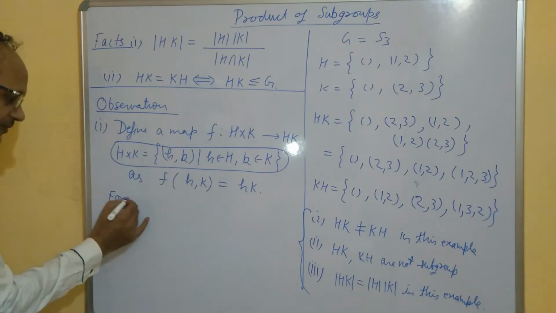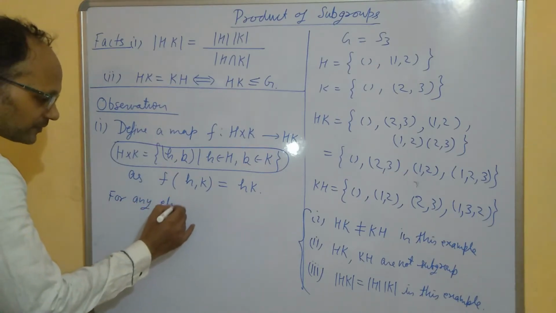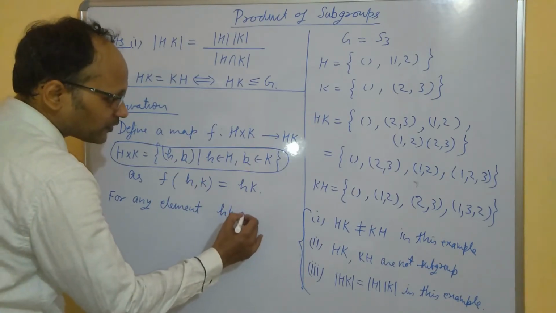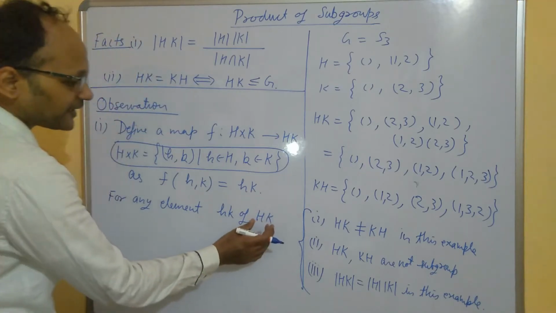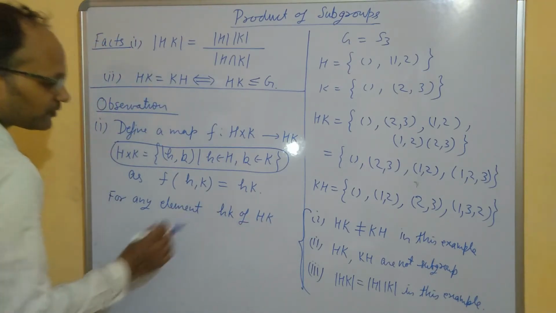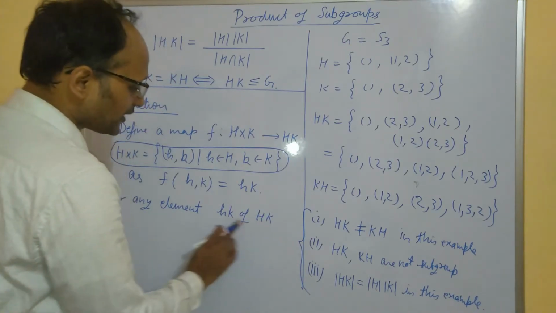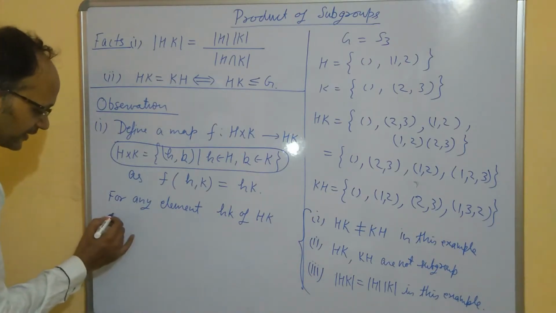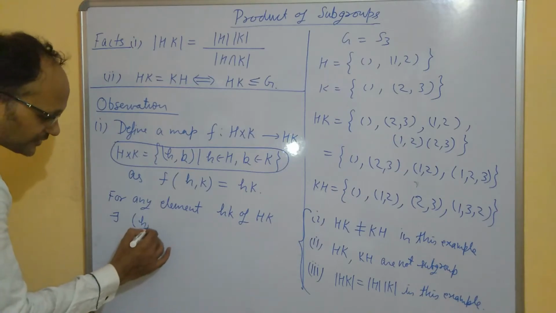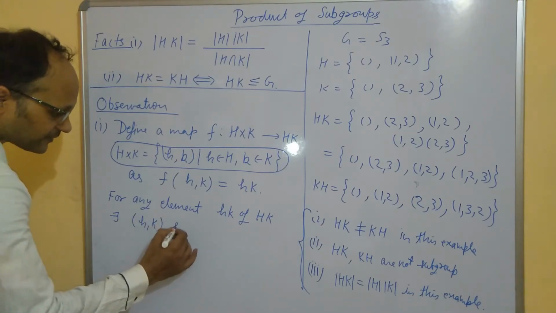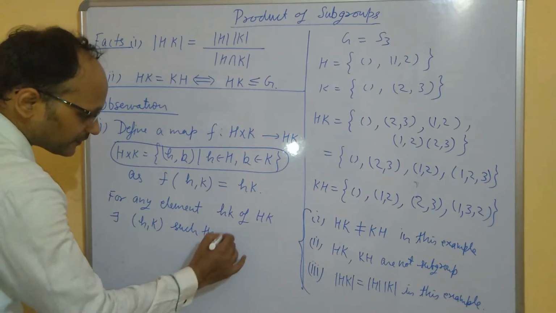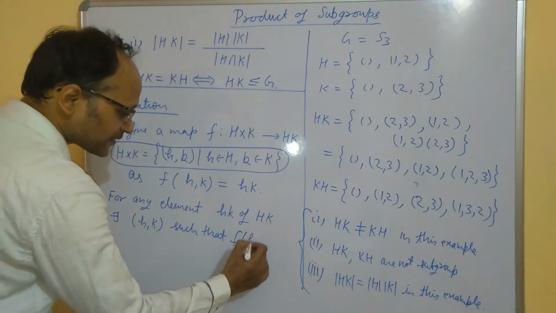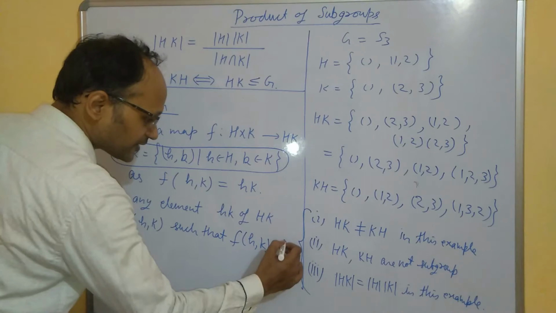Now for any element hk of HK, note one thing: any element of this HK will be of the form hk, where small h is in capital H and small k is in capital K. So for any element hk of HK, there exists a pair (h, k) such that f of (h, k) is equal to hk.